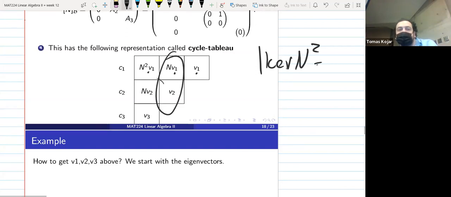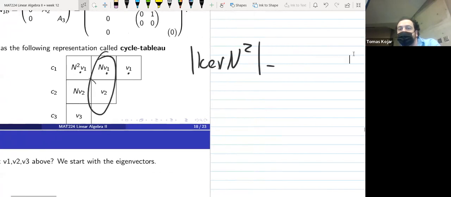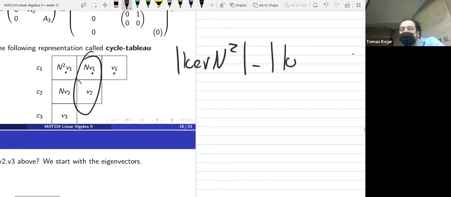Just put absolute value. So this minus the kernel of n. And usually we will give you some of these numbers. You don't have to do it yourself.